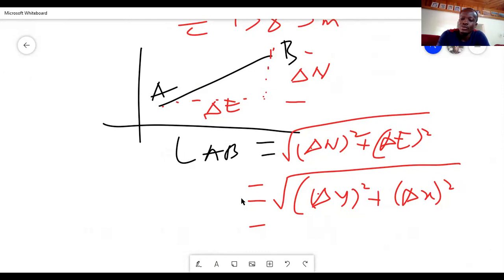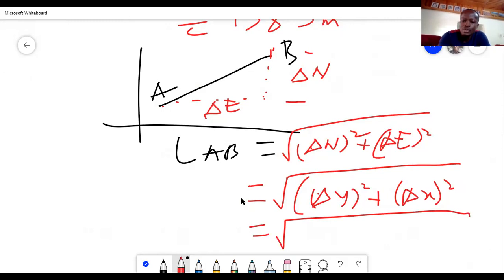I mean, we are not doing JSS here. How do you get the change, the distance, delta y and delta x?